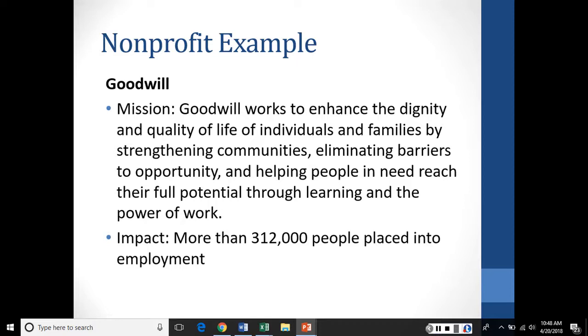So their emphasis is on work. What I pulled from their website is their impact, that they had placed more than 312,000 people into employment. So they have a mission statement that's kind of broad, but they're able to quantify it through this impact statement, the specific number of people that they had placed into employment.